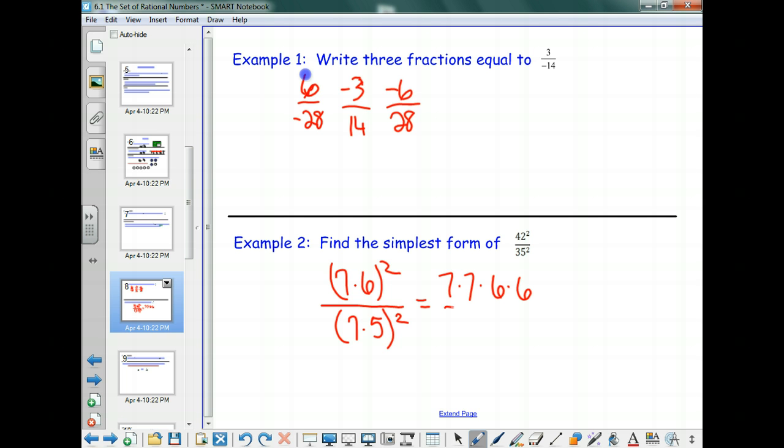And what do I have on bottom? And now I can use theorem 6.1 in reverse. Right? So theorem 6.1 said that I could take a fraction and multiply it on top and bottom by the same number. But when we presented 6.1, I told you that you could do that in reverse, and you could also divide the top and the bottom by the same number. And that number in this particular problem would be 7.